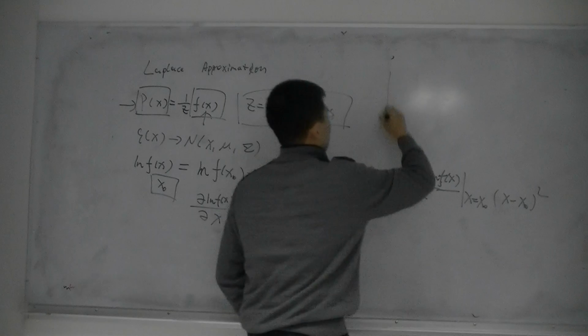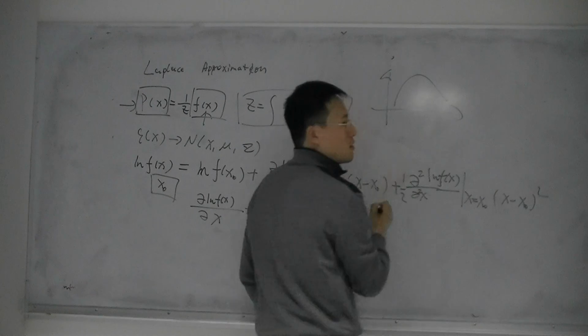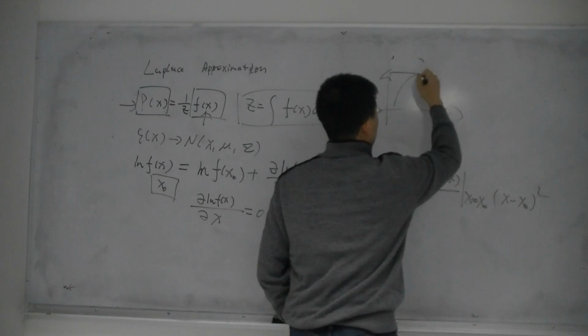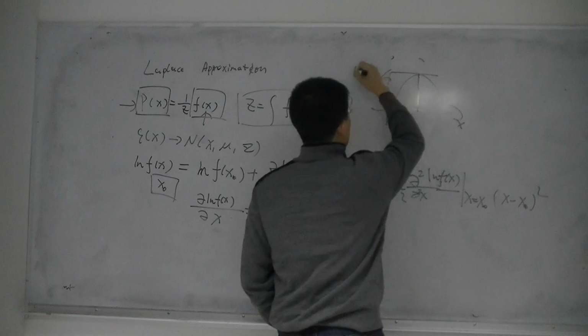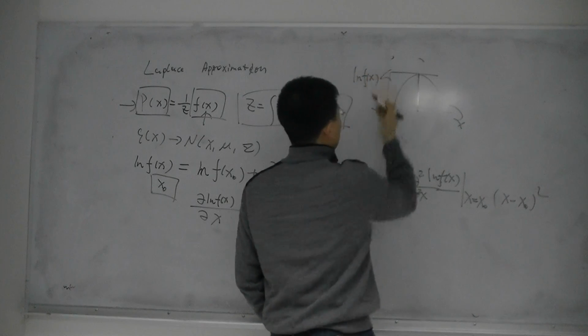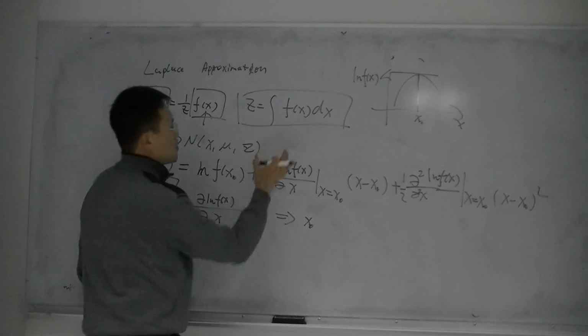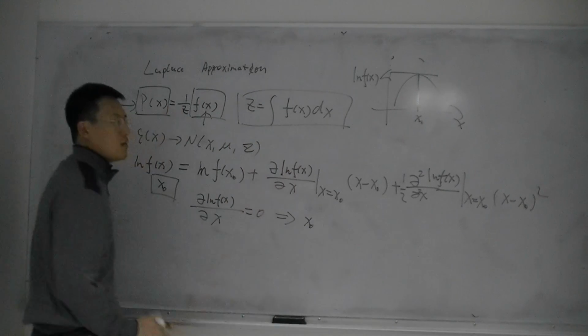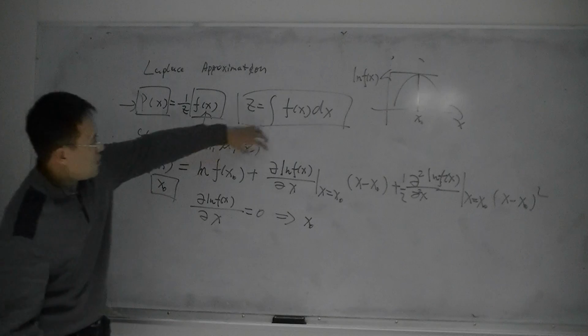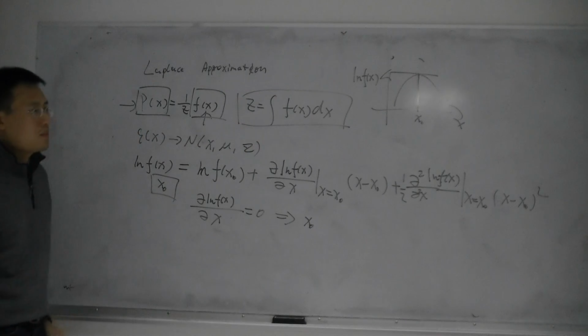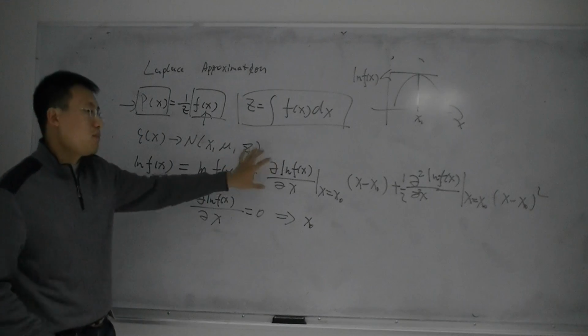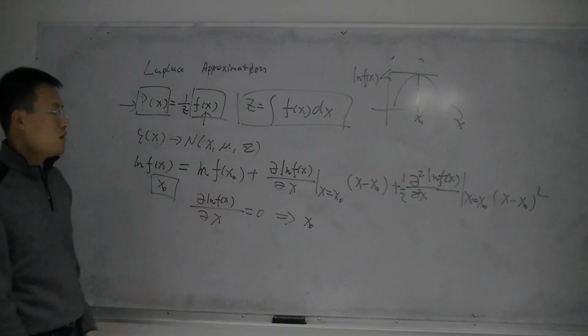For example, ln f of x is something like this. Here is x, here is ln of f of x, and here is x0. This x0 makes sure the first derivative of ln f of x equals 0, which means we find the maximum point or local maximum.